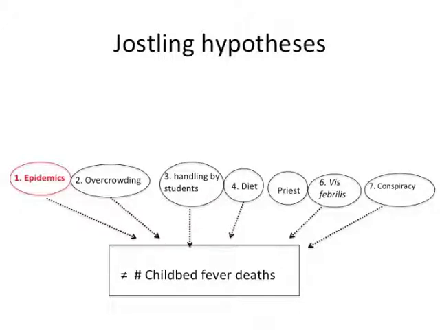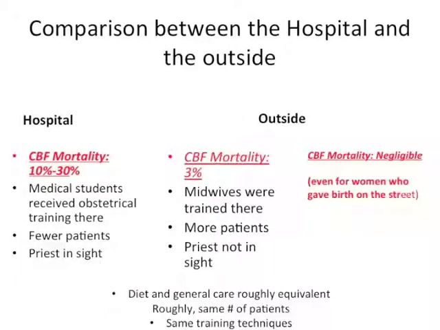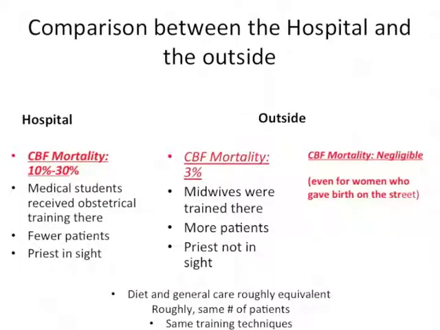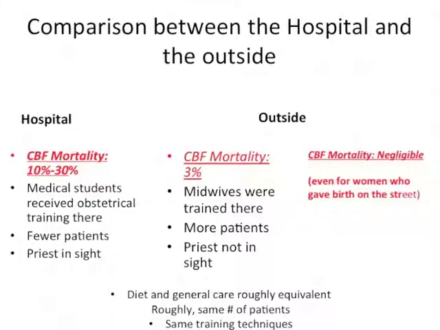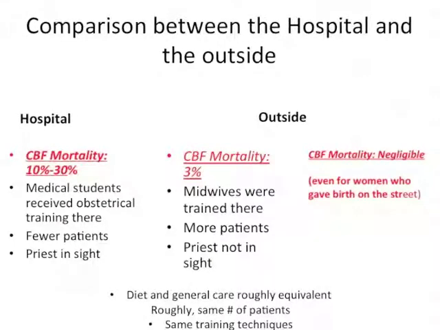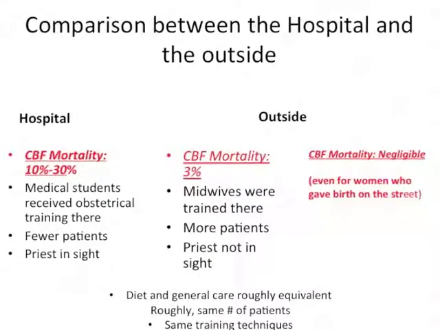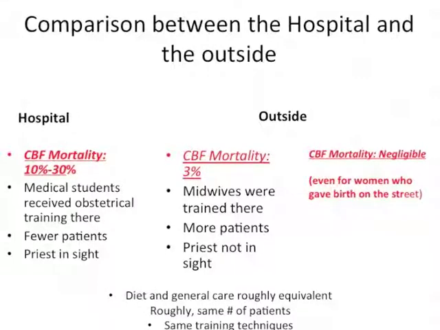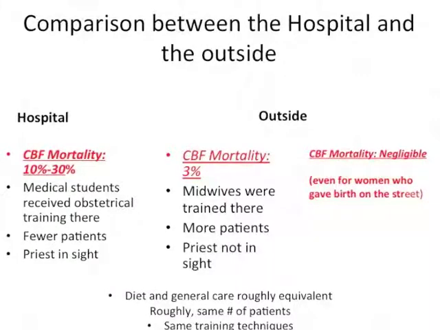So the first one had to do with some sort of epidemic that was around Vienna. Now, what do you think? Do you think that, given the information that we have, this hypothesis is any good? Why don't you stop and think about it? Well, let's look at the relevant statistics, in particular, the comparison between the hospital and the outside. We can see that the childbed mortality outside the hospital was negligible, right?